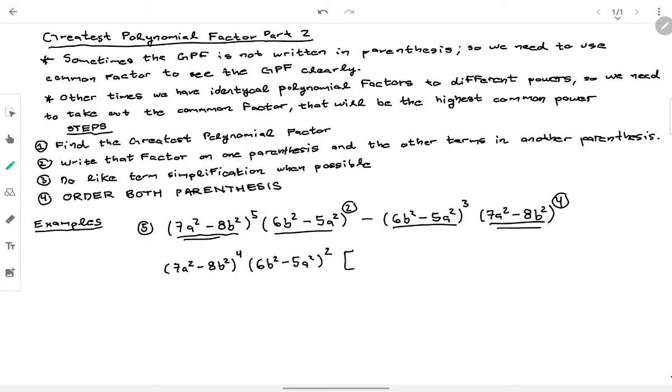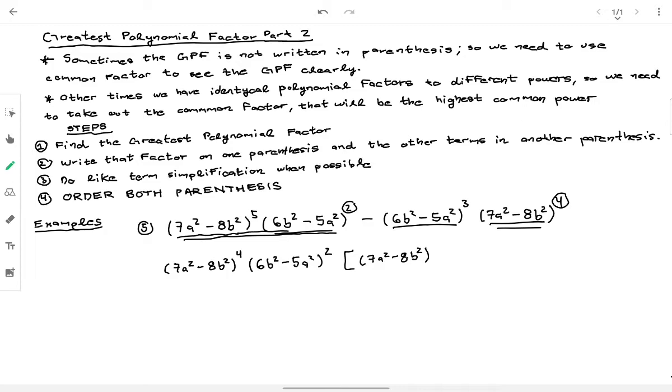Then I will open up a parenthesis or a bracket in this case. Then I will compare the first one with the first term. We only need to have another one of 7a squared minus 8b squared, because I need one of it to become 7a squared minus 8b squared to the 5th.